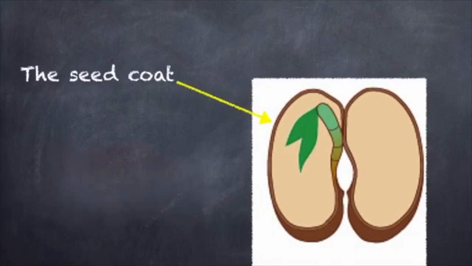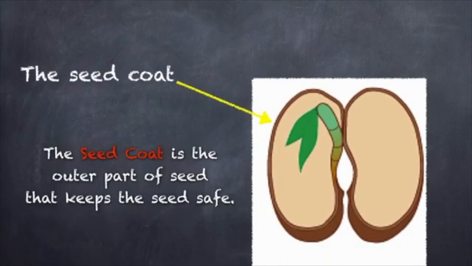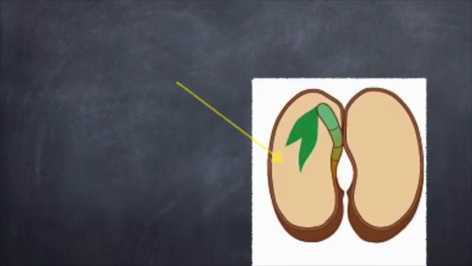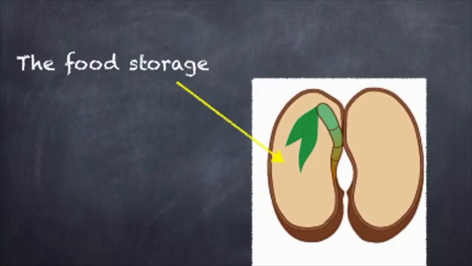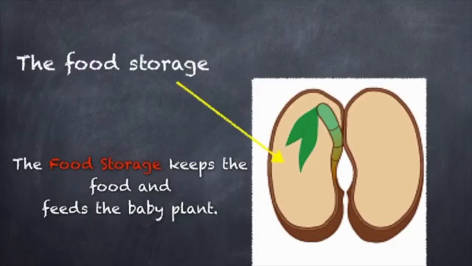The seed coat. The seed coat is the outer part of the seed that keeps the seed safe. It's really like our skin that keeps our bodies safe. The food storage. The food storage keeps the food and feeds the baby plant.